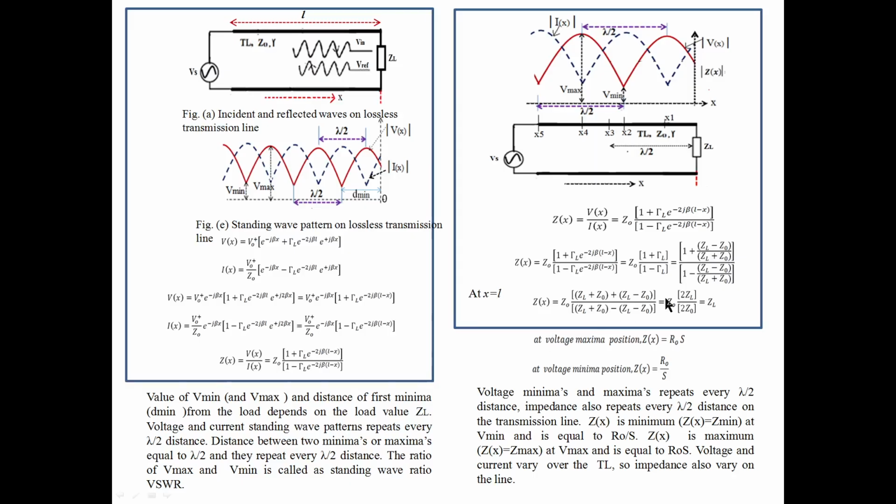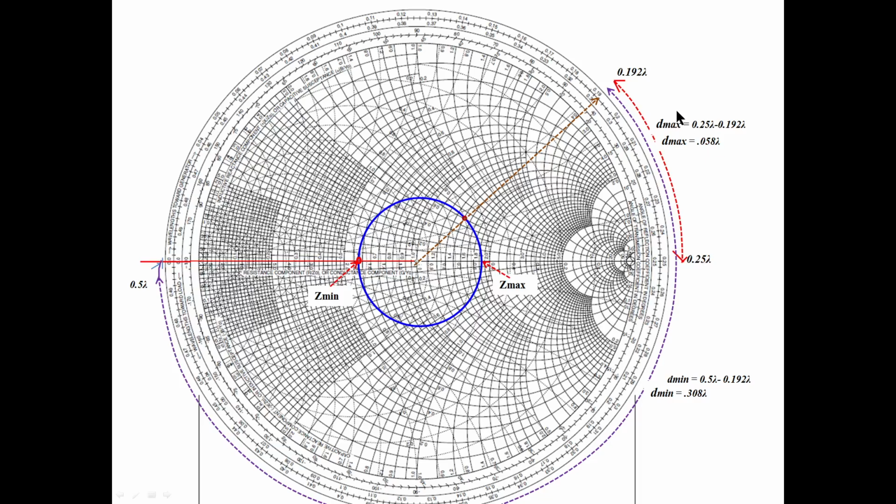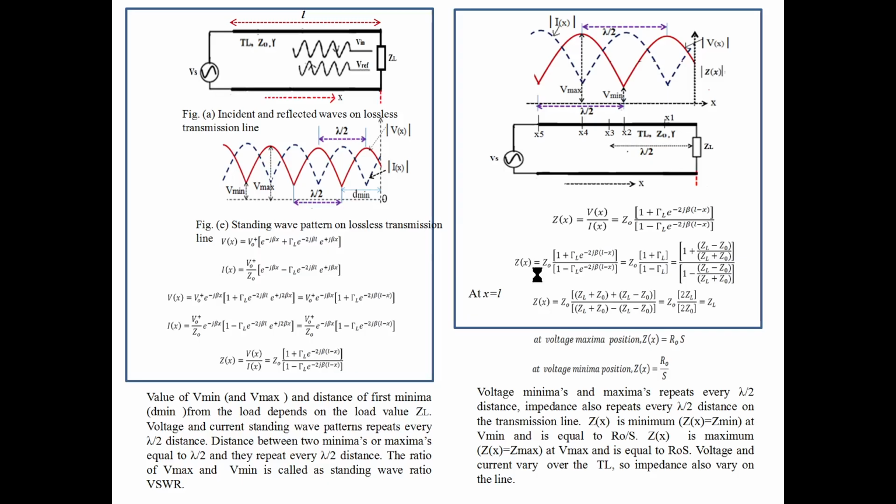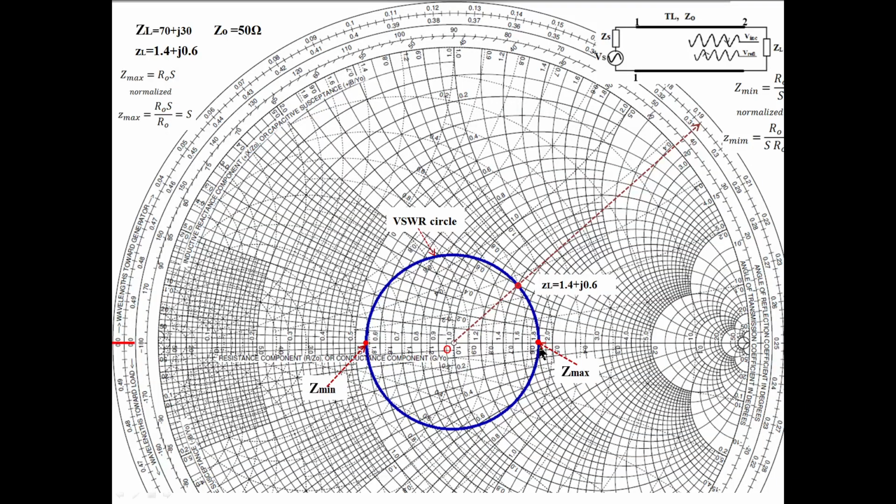So at a distance of 0.058 lambda, we are at this position, and the impedance is 1.8 plus j0. Similarly here also you can read the impedance. What is the impedance at this position? Anywhere, that is the impedance on this line.